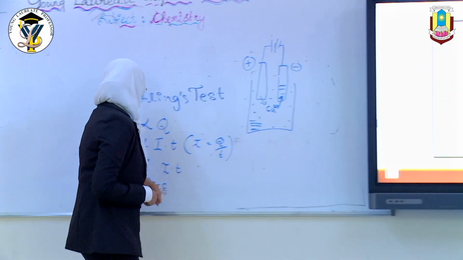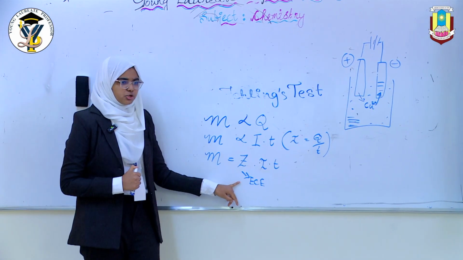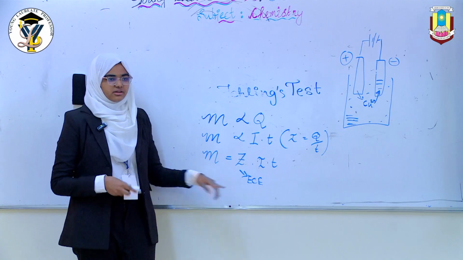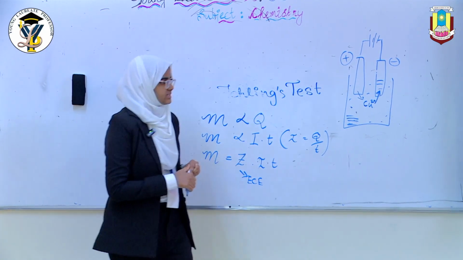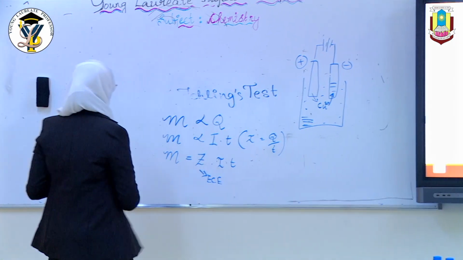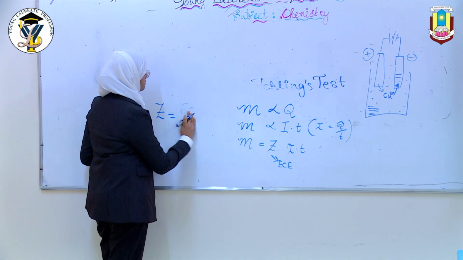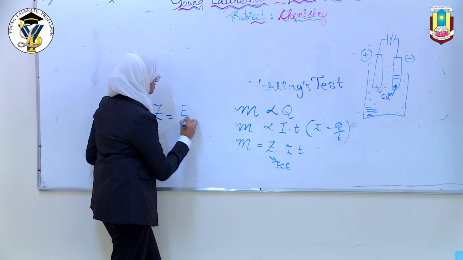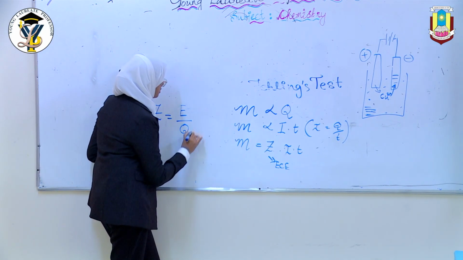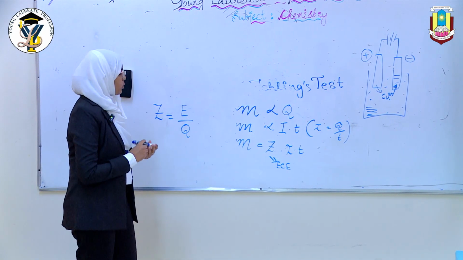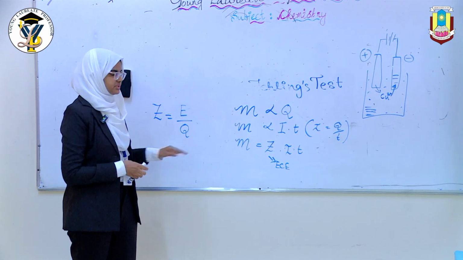We often calculate this value experimentally, but for our convenience, we can look at the definition and write it mathematically as equivalent weight when one coulomb of charge is passed.